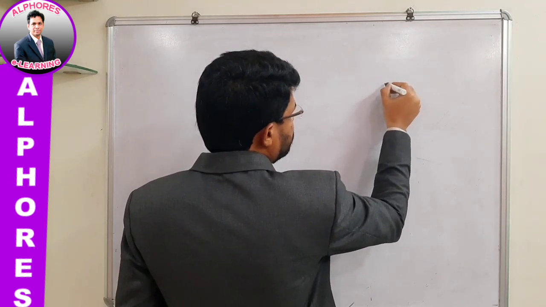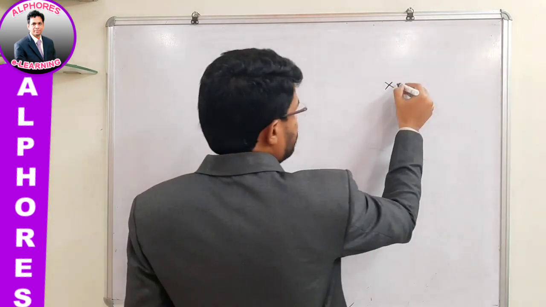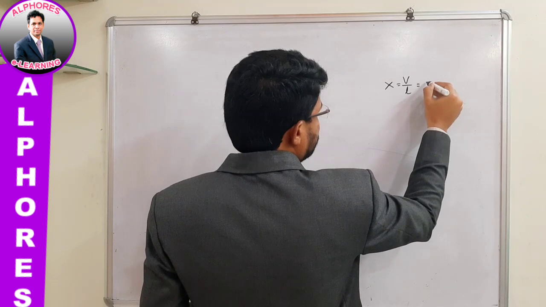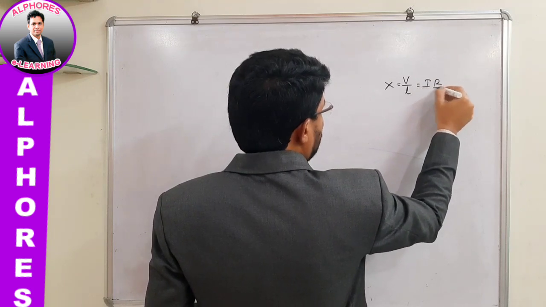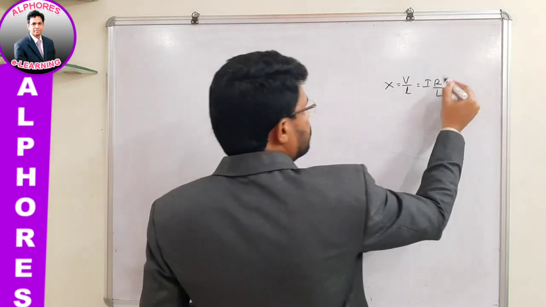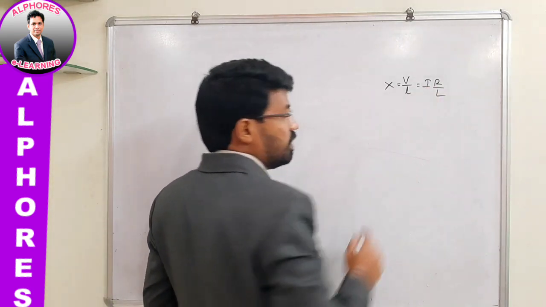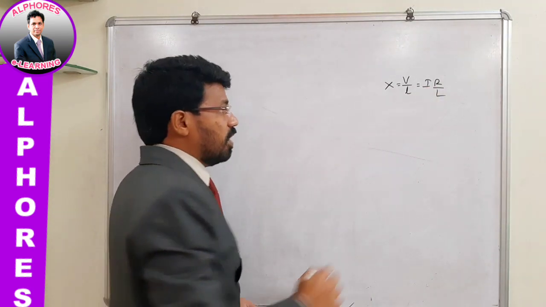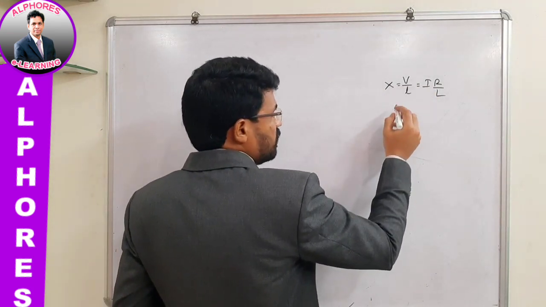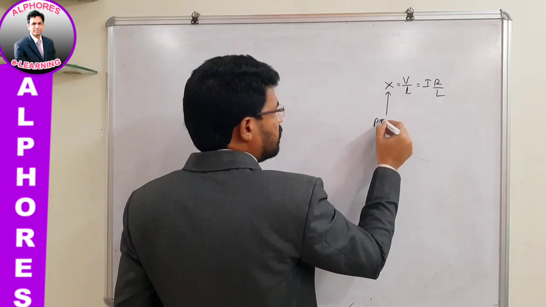One important conclusion is potential gradient, represented with X, and written as X equal to V by L, which is equated to I into R by L. Here R is the resistance of the potentiometer wire, L is the length of the potentiometer wire, I is the current flowing through the wire, and V is the potential drop per unit length, which we call potential gradient.